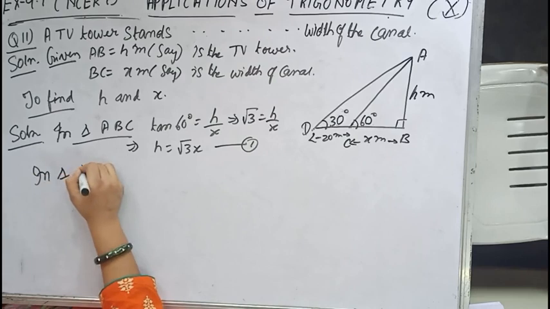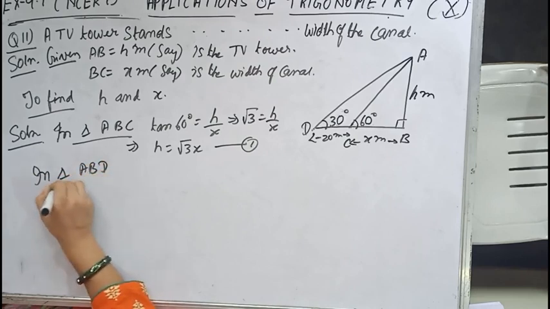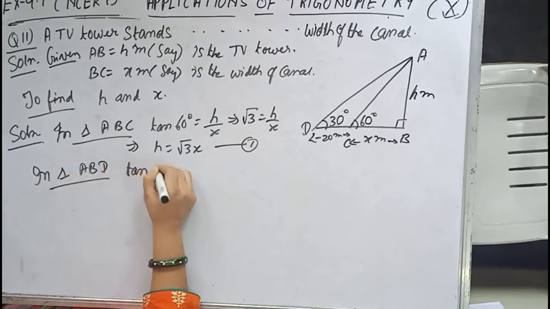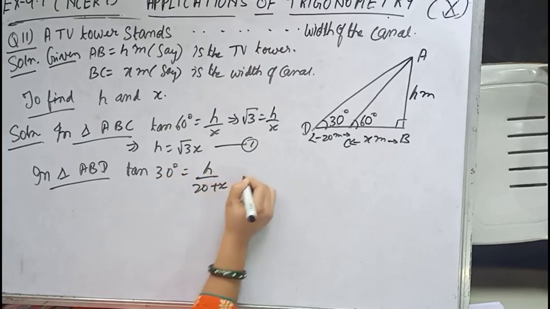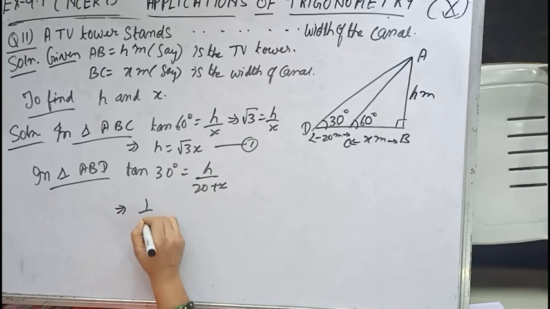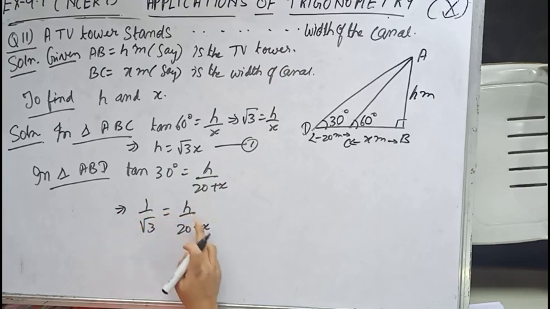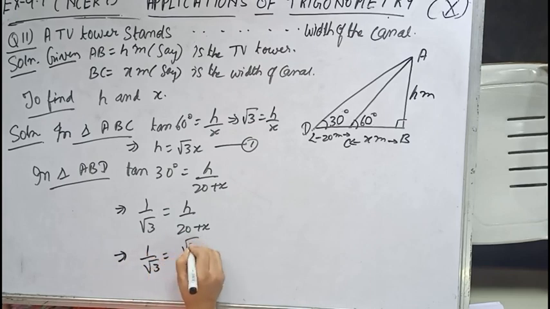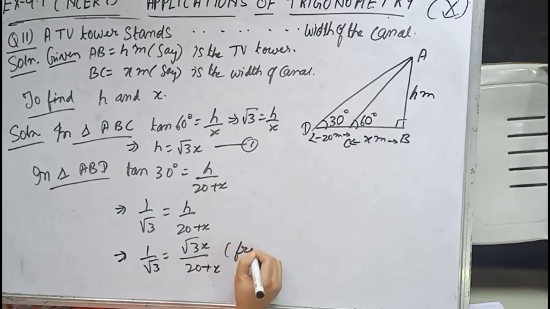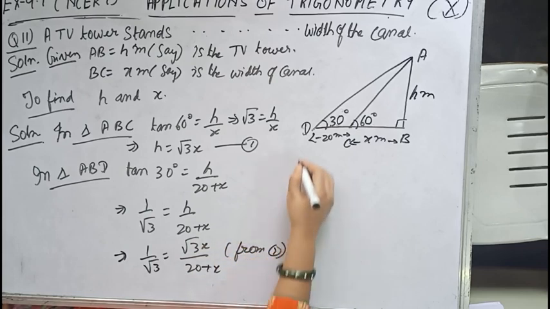Now in triangle ABD, tan of 30 degree equals h by 20 plus x. This implies 1 by root 3 equals h by 20 plus x. Now I need h and x both, so one I have to eliminate. Okay, I am eliminating h only. So this implies 1 by root 3 equals root 3x by 20 plus x, from 1.